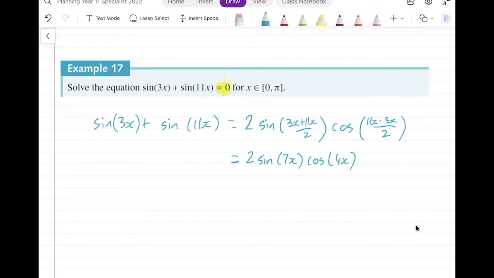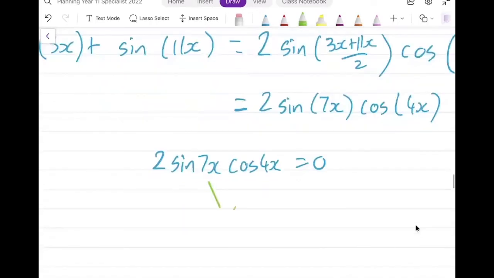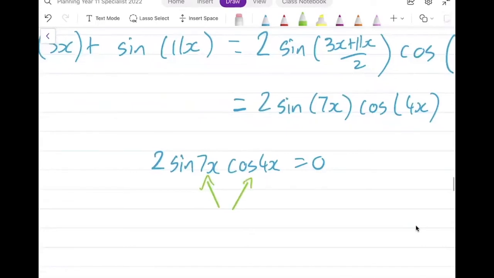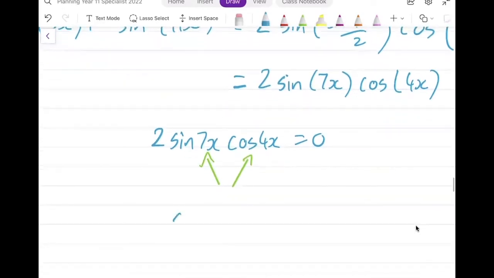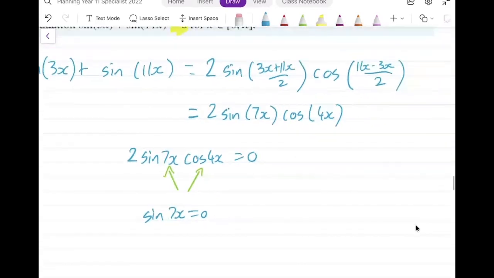So now I'm just going to do some solving. That's going to result in 2 sine 7x cos 4x equals 0. To get 0, one of these two terms has to also give 0. So either sine 7x or cos 4x equals 0. So I can write that as sine 7x equals 0 and cos of 4x equals 0.